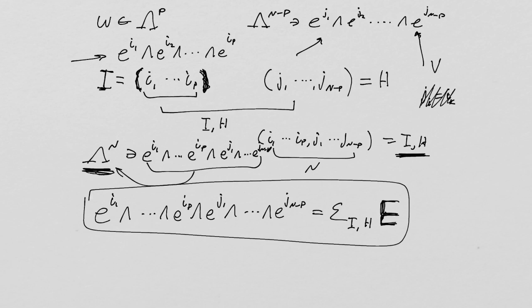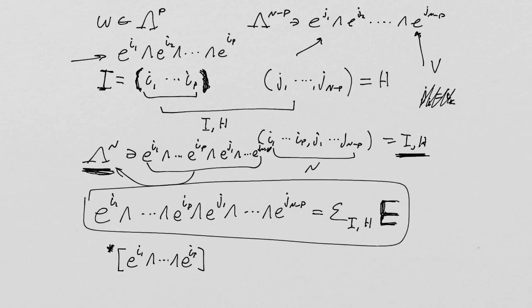Now, in order to keep this lecture from going on any longer than it must, I'm going to write down the ultimate result of this calculation, which goes like this. The Hodge dual of e_I1 wedge through e_Ip.